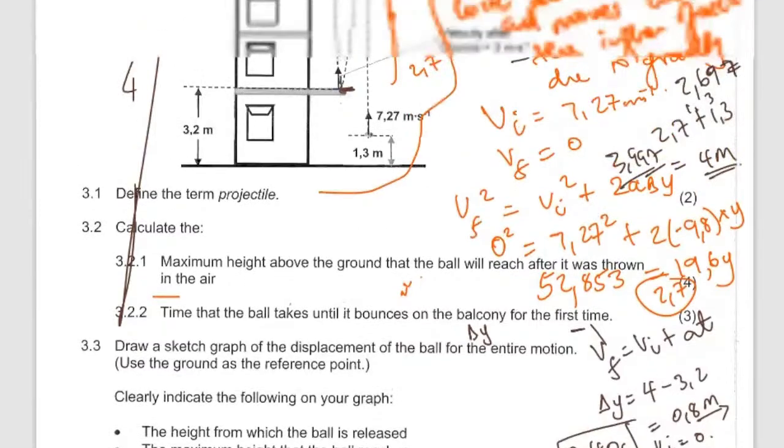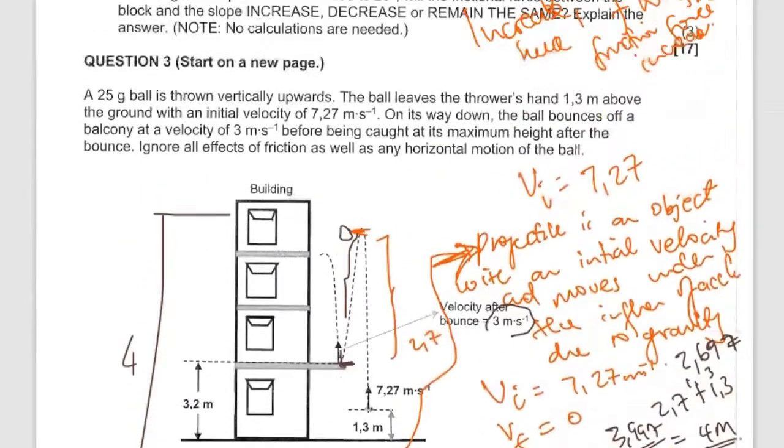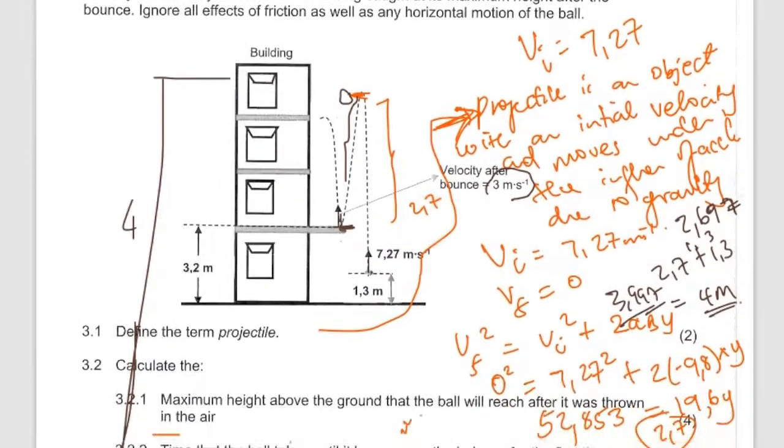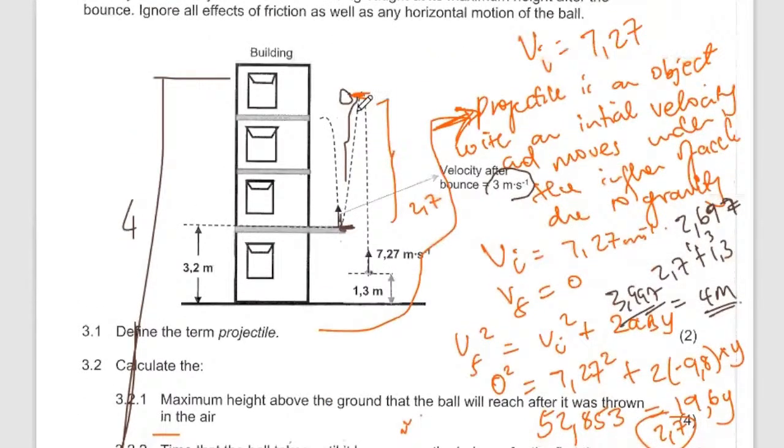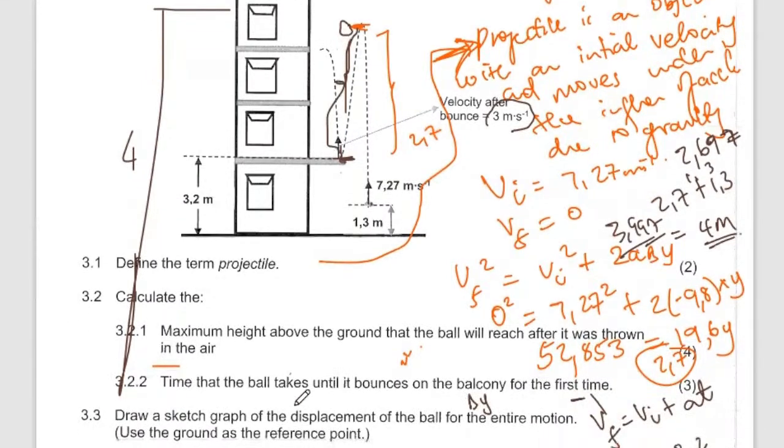What other information do we need about time? Let's see the question. Oh, that 0.4 is just for this part. The question asks the total time taken from the top.